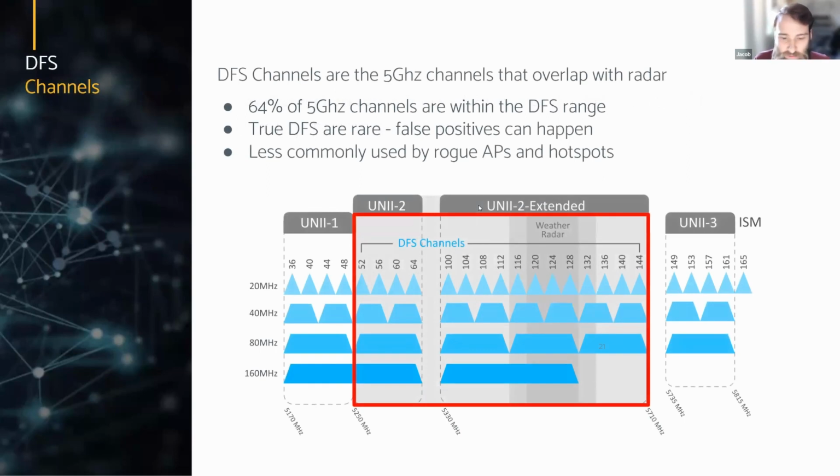All right, so DFS channels, I mentioned it a couple times so far. What are they? So the 5 gigahertz band has this, you might call it a quirk to it, where there's a bunch of channels that you'll hear referred to as DFS sometimes.